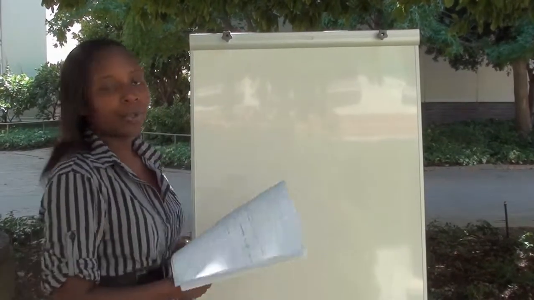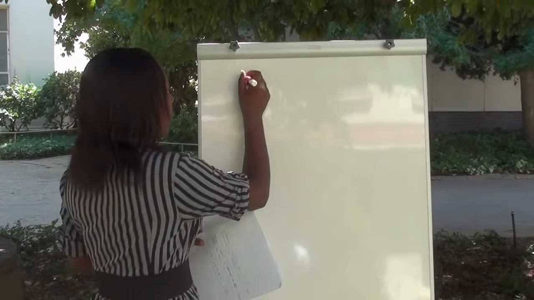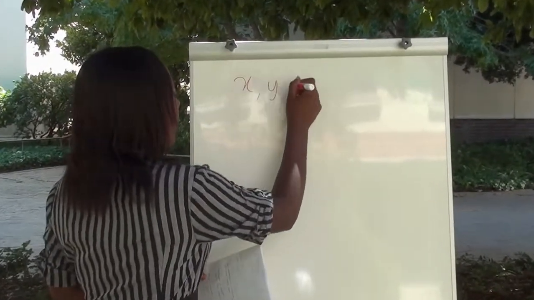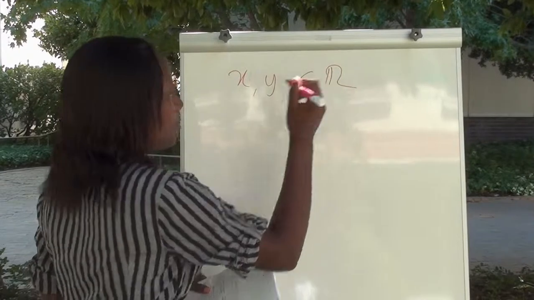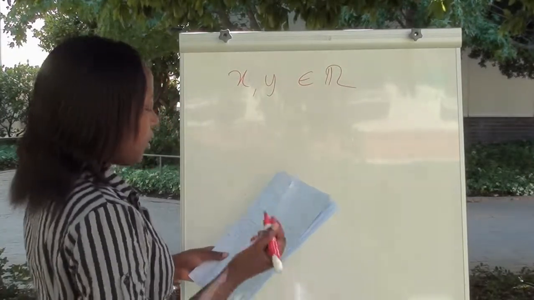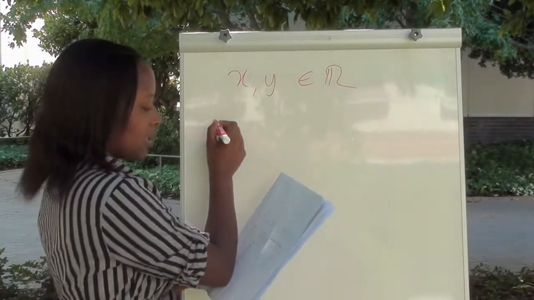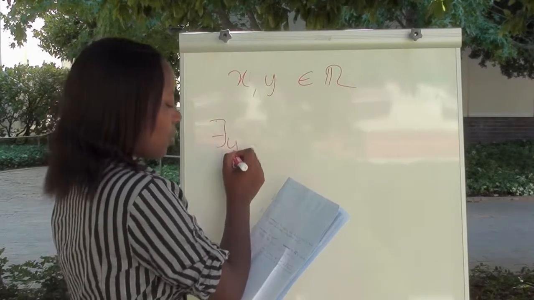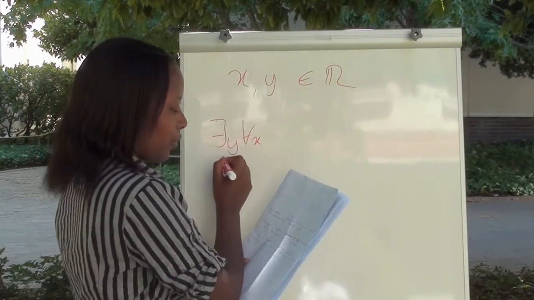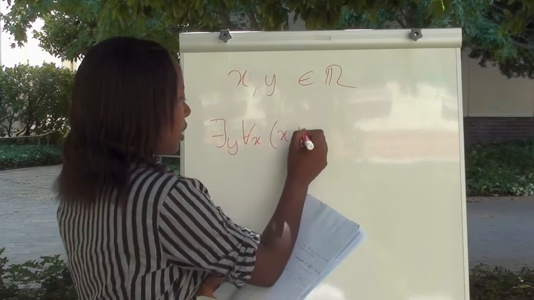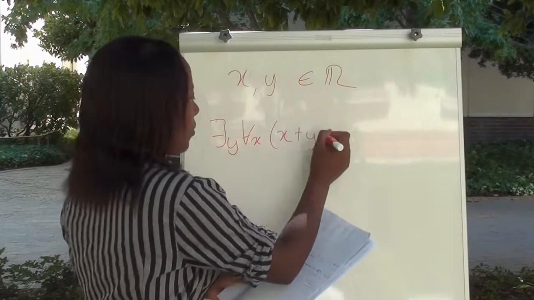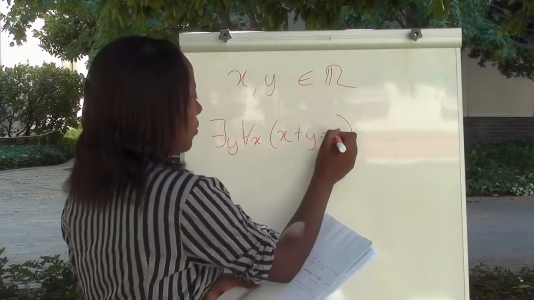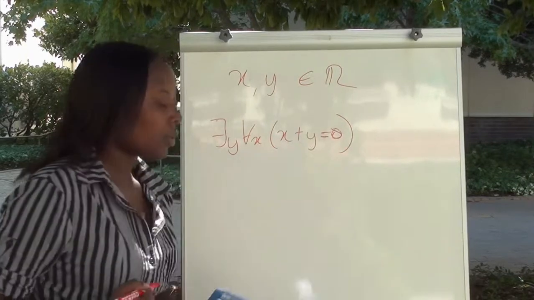For the next example, we're going to assume that x and y are both elements of the reals. Right? Now, I write down a statement that says there exists a y for all x, x plus y, right?